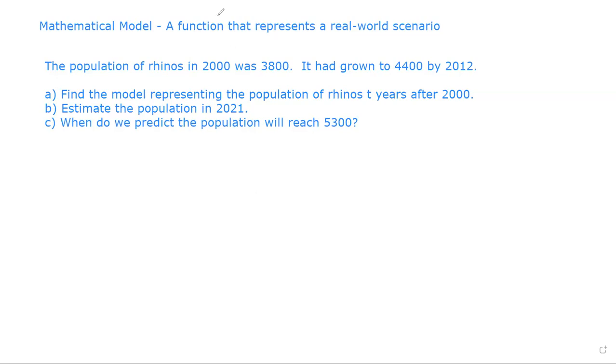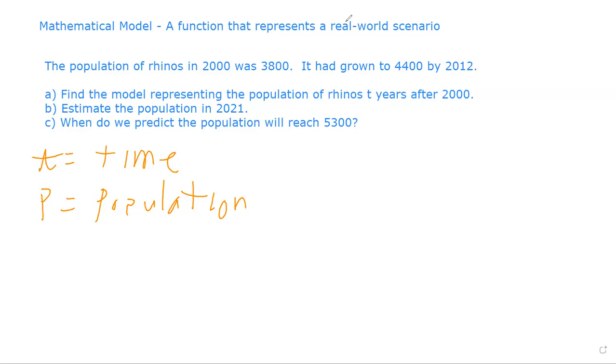So the first thing is we have to identify our variables. T will be time, and we can use P for our population. Now that we know what our variables are, we need to figure out which one is going to be the independent that we control and which one is the dependent that we then try to predict.